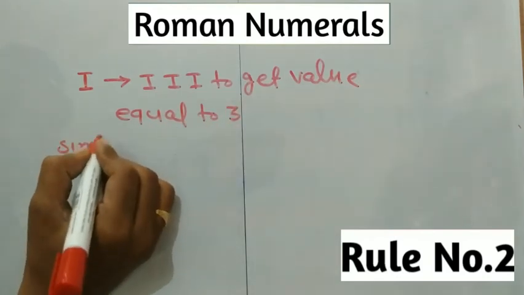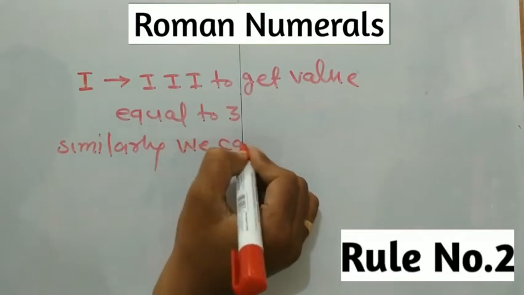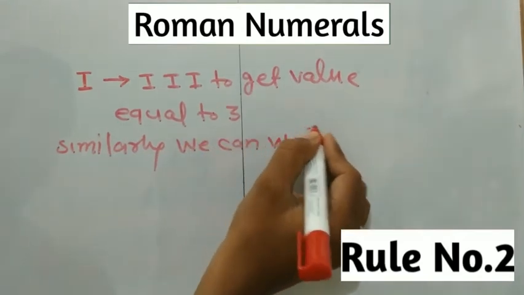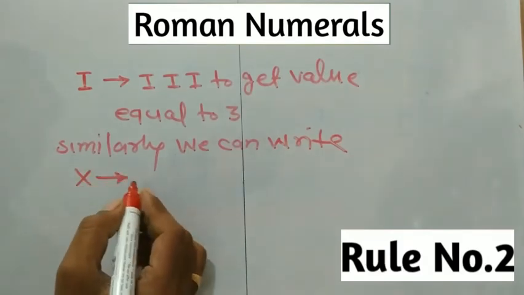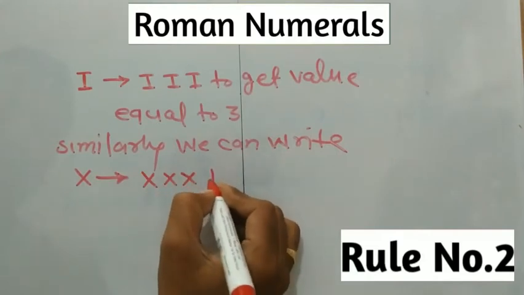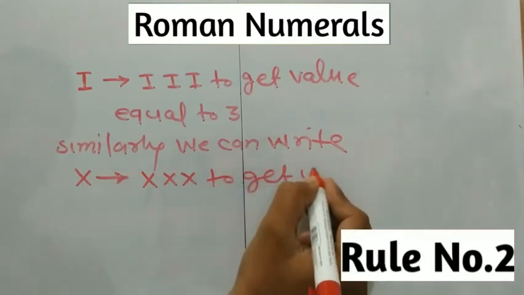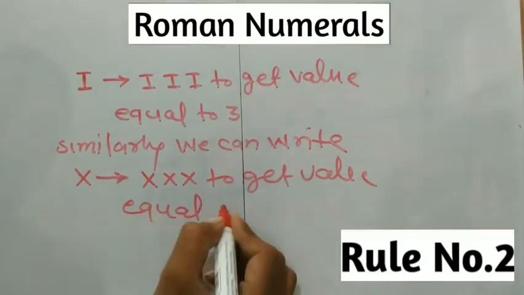Similarly, we can write X consecutively a maximum of 3 times, like this, to get the value equal to 30.